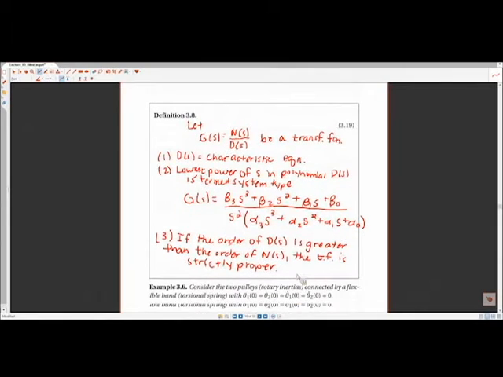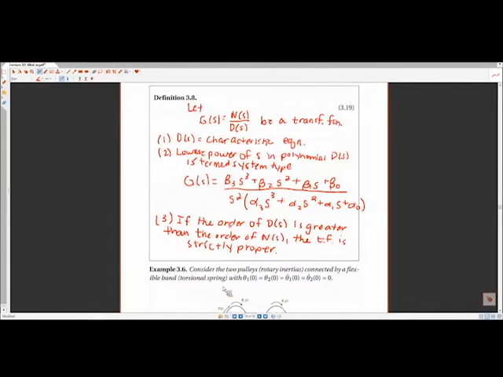Okay, so that's one definition, and that's what we'll be mostly using in this class this semester.